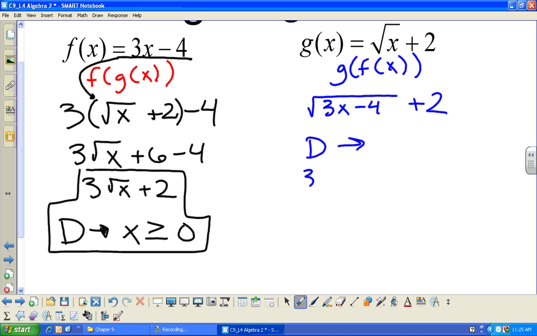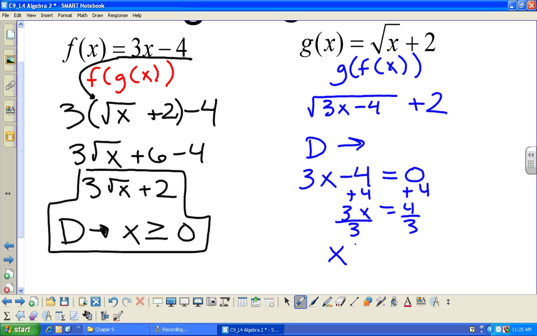So what I'm going to do is set whatever is underneath the square root equal to 0, because you can take the square root of 0. Add 4 to both sides, and divide by 3. x has to be greater than or equal to 4/3.